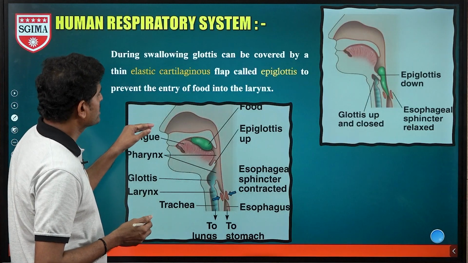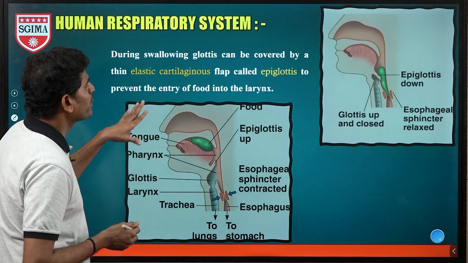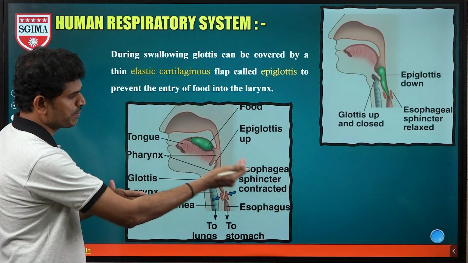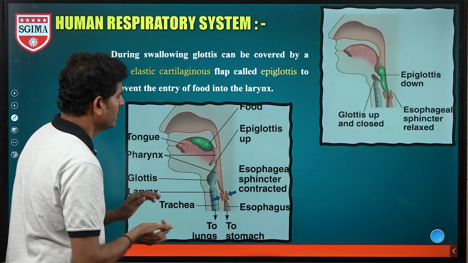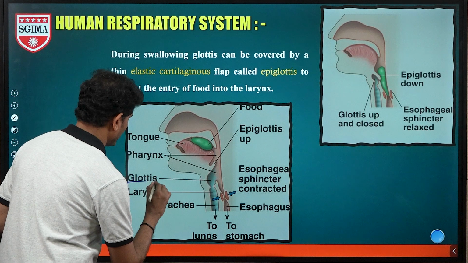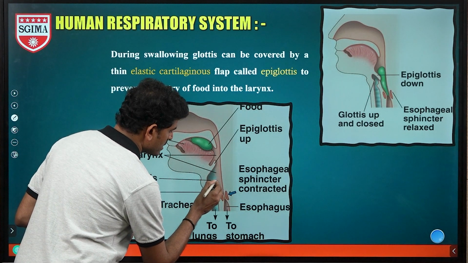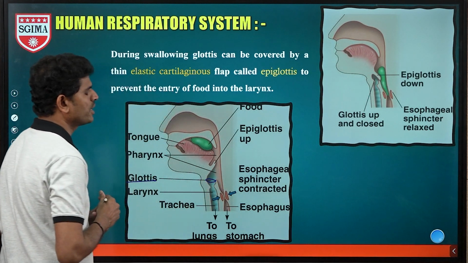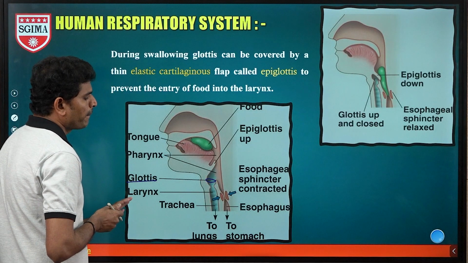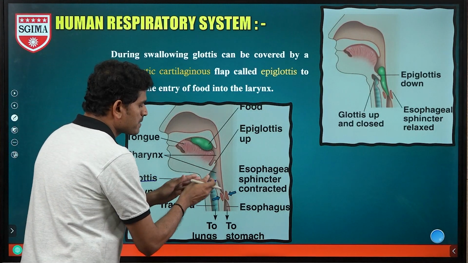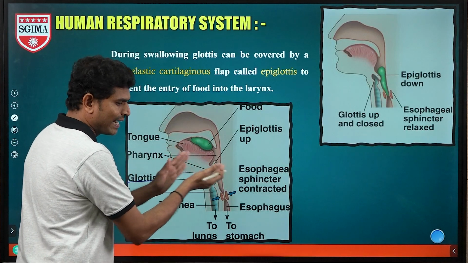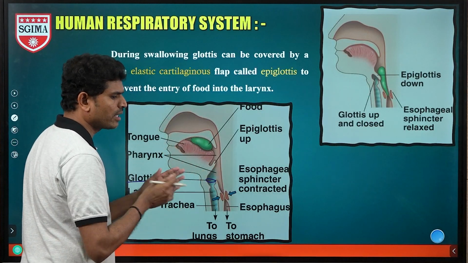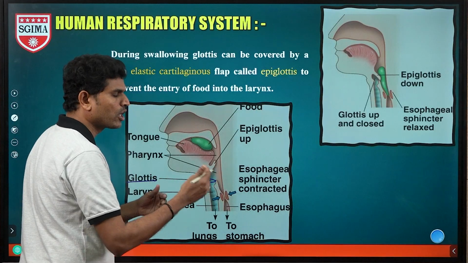Okay. So that is glottis, epiglottis. Glottis, previously also we mentioned that as a gap, opening only. So this is only glottis. This is the gateway or actual opening of respiratory system here. क्योंकि previously जो pharynx, nasal cavity, these act like a common passage.